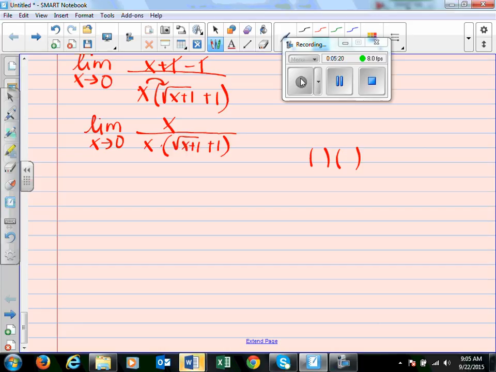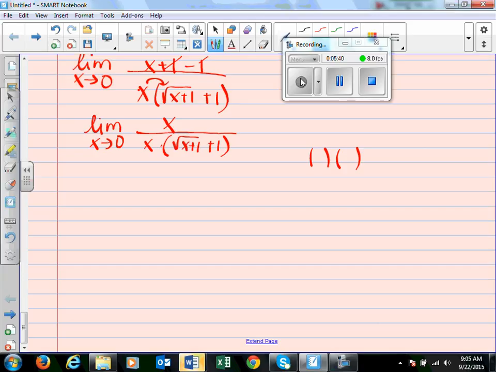So the factored form is the simplified form. Is that clear to you? Look at the numerator and the denominator. The denominator is in factored form. What can I do with the numerator and denominator? That's it. You cancel out the x.